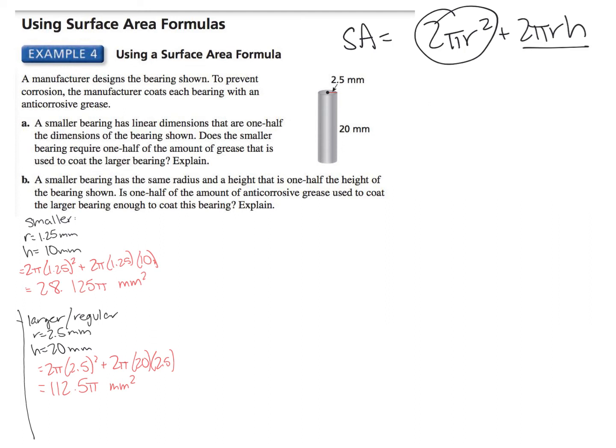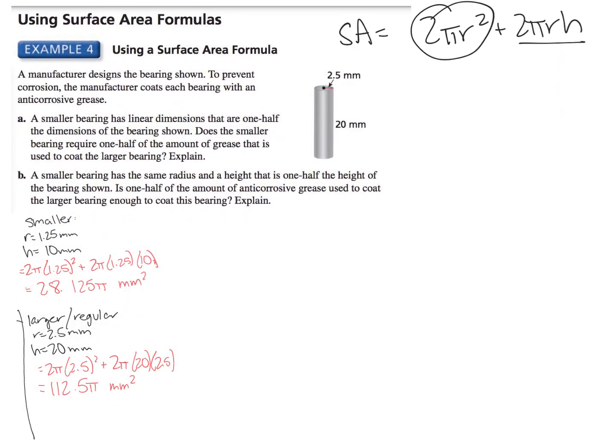So now we need to see if it requires 1/2 the amount of grease. What we need to do is take the smaller piece over the larger piece to see how much smaller the surface area is. So we want the smaller over the larger because we want to see how much smaller the smaller bearing is.